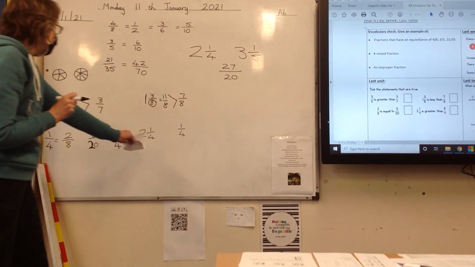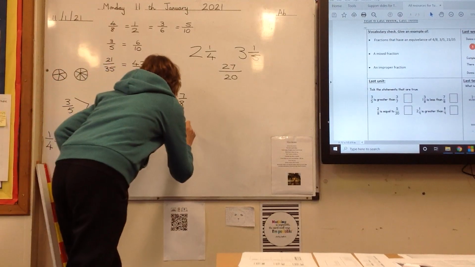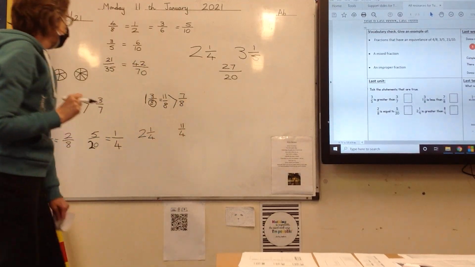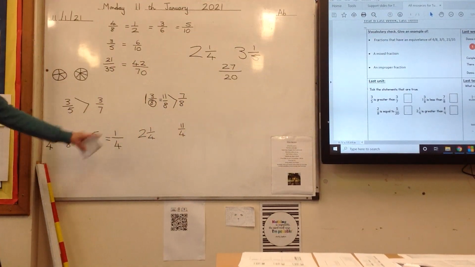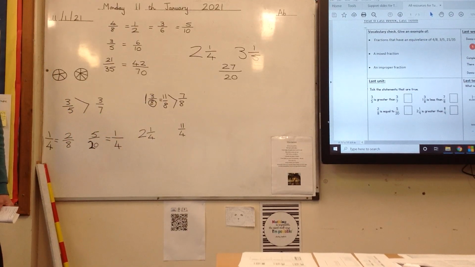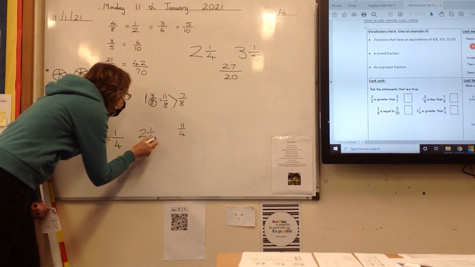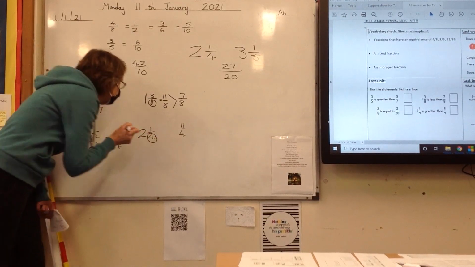Okay, we've got 2 1/4 and 11 quarters. What would I need to do to answer that one, to find out which one is the largest? What would I need to do? Make the mixed number into an improper fraction. Right, good. So make this mixed number into an improper fraction. We know 4 in a whole one.